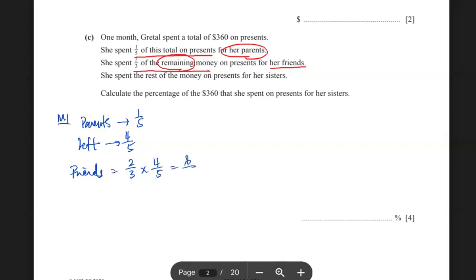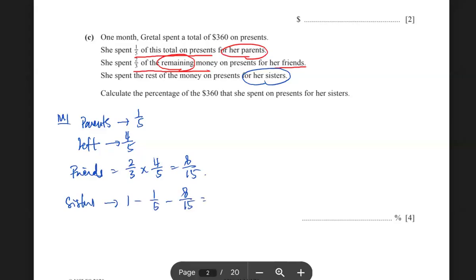So for her friends, it will be 2/3 of 4/5. It's 8 over 15. And then she spent the rest of her money on her sisters. We want to figure out the percentage that she spent on her sisters. So for her sisters, we take 1 whole minus how much she paid for her parents, minus how much she paid for her friends.